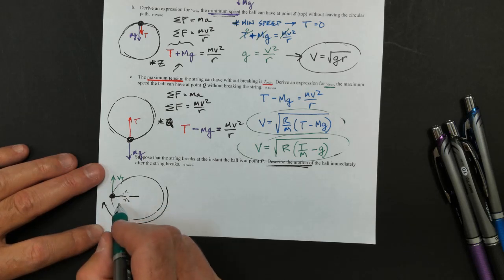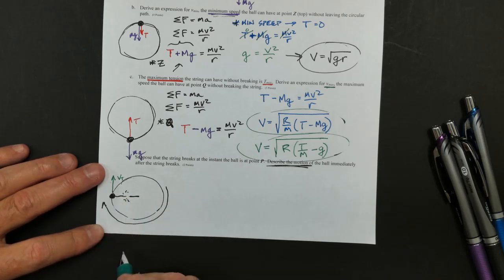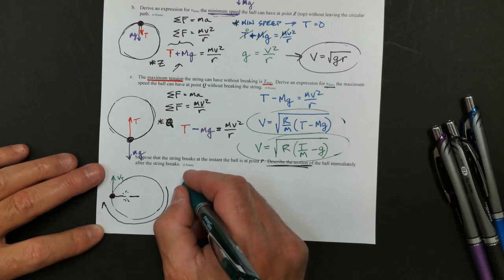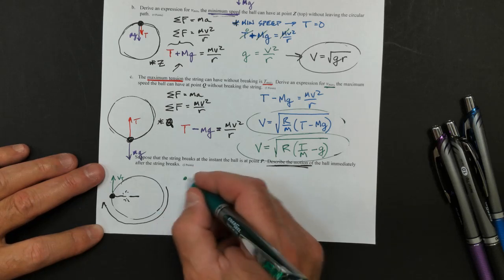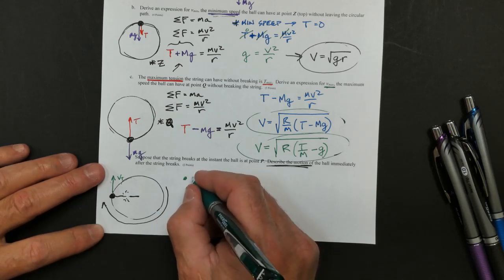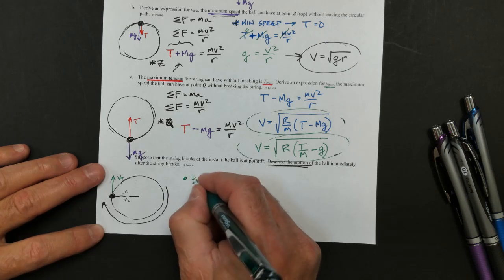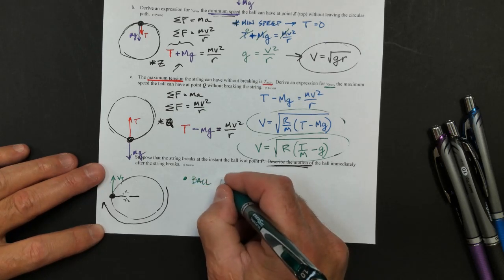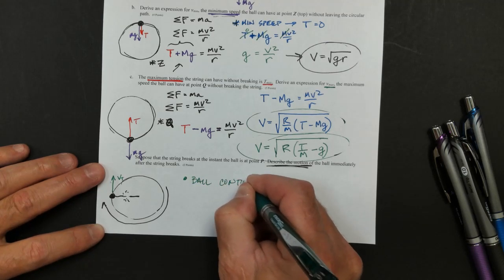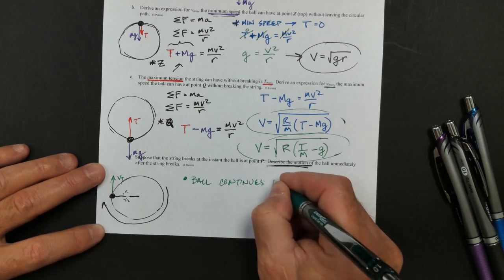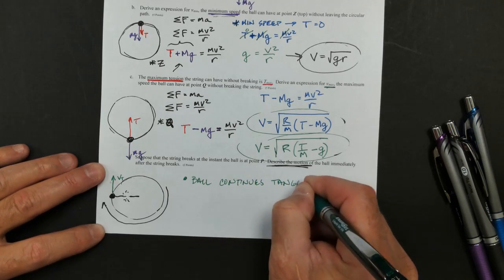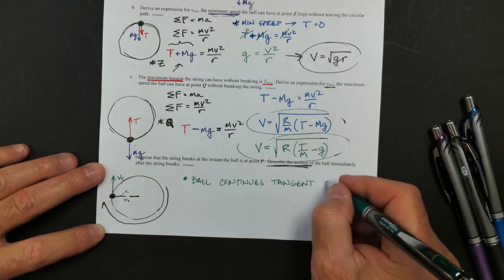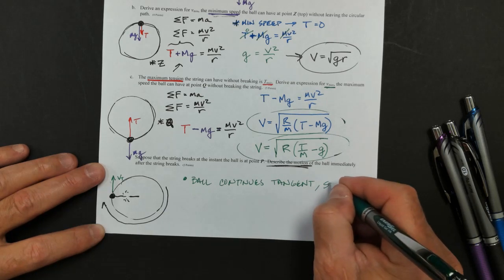Because they told us when it's at point P, the string is horizontal. So the first thing I'm going to say is that the ball will travel straight upward, continues tangent. Straight up, I think, is probably important to write.